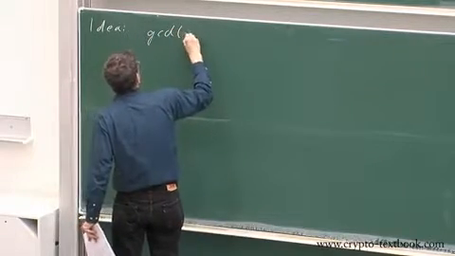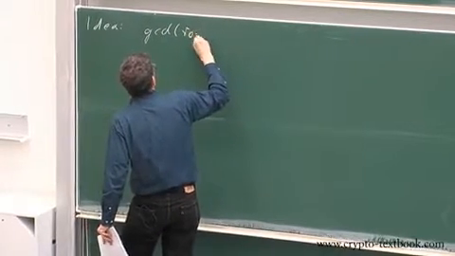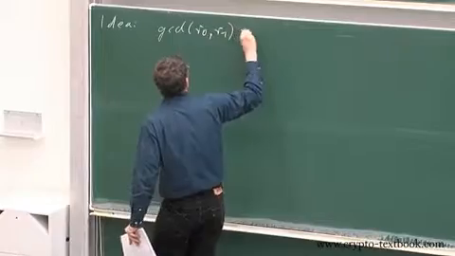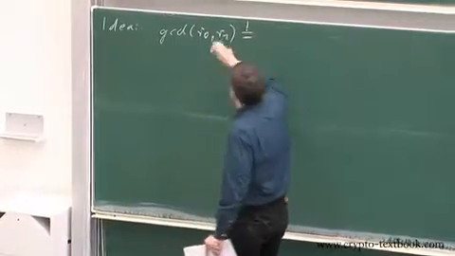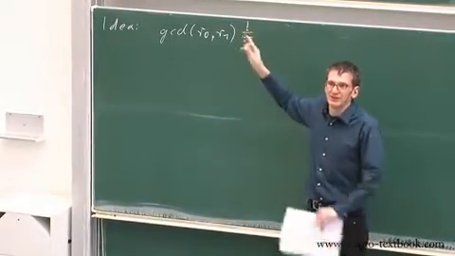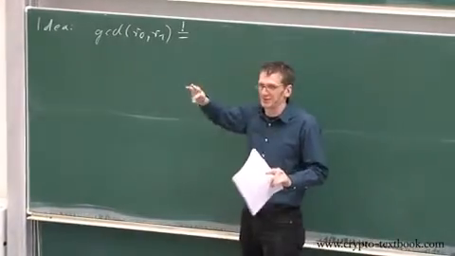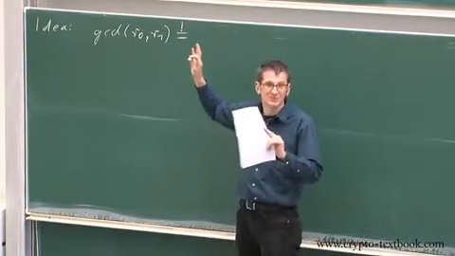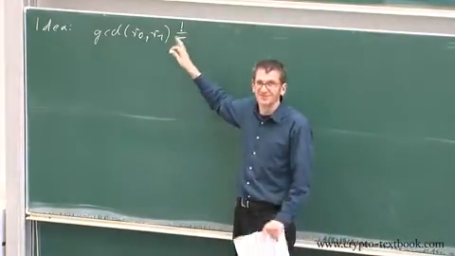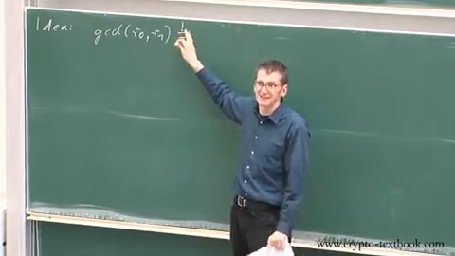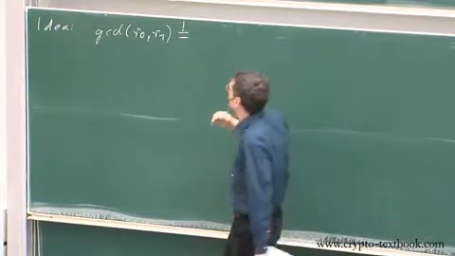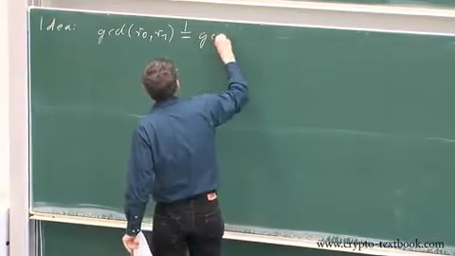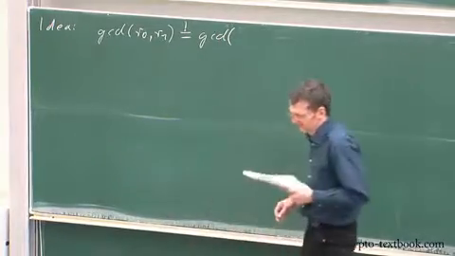So we start with GCD of, again, two numbers, R0, R1. And this is our symbol, okay? This is in no book except my book, okay? This means O, surprise, okay? So this doesn't mean big O, okay?